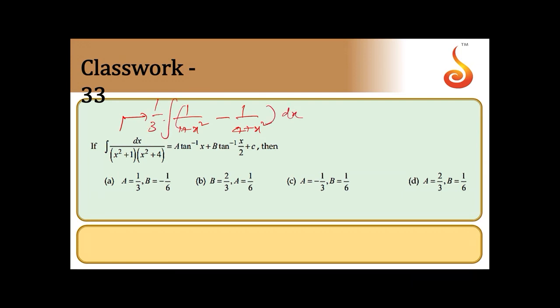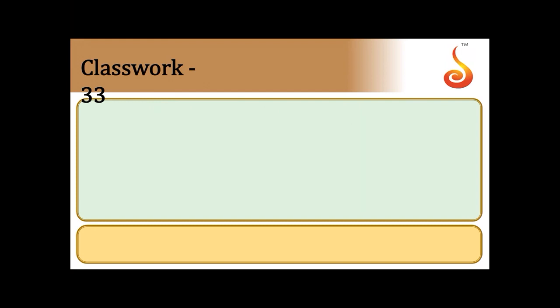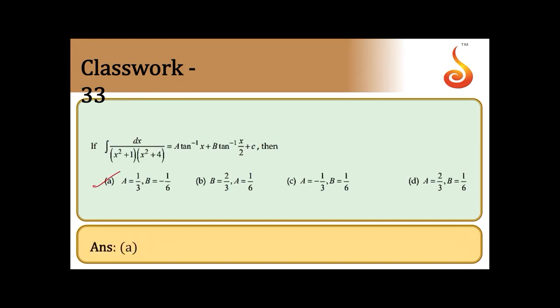So 1 by 3 integral of 1 by (1 plus x square) minus 1 by (4 plus x square) dx. The first one gives 1 by 3 tan inverse of x, minus 1 by 6 tan inverse of x by 2, plus c. The answer is option A.